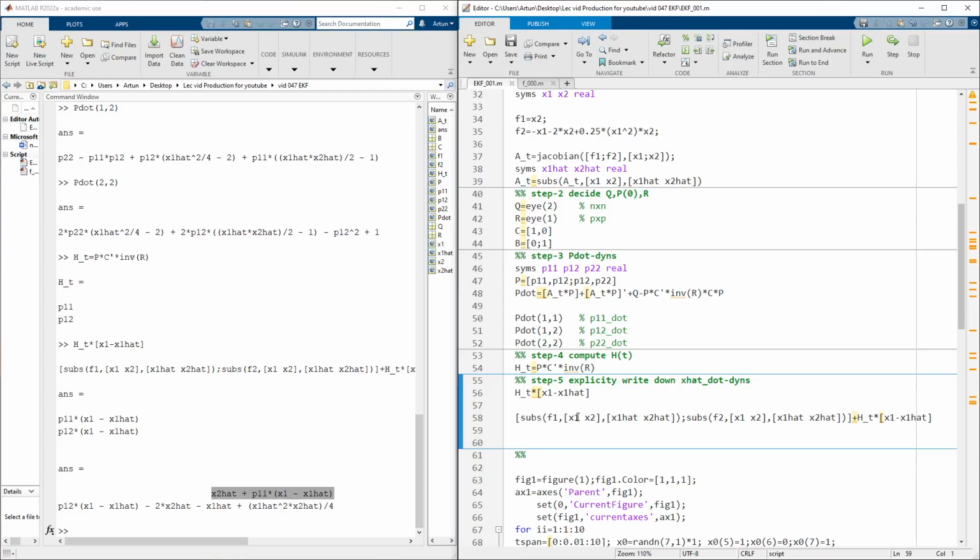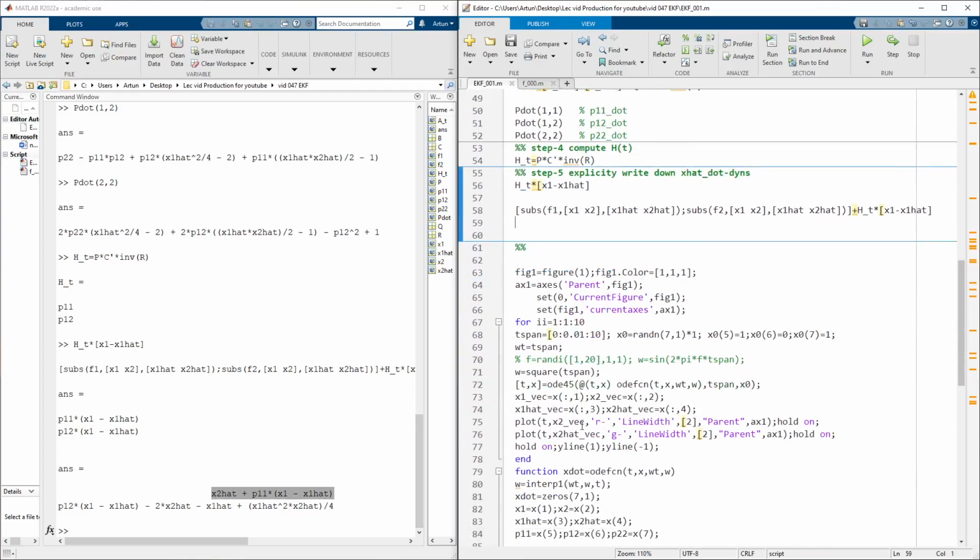You might think, hey, I guess we are not done with this, but it's over. So we basically constructed our extended Kalman filter, and now we are going to run an ODE45 simulation, and all the pieces are going to come together.